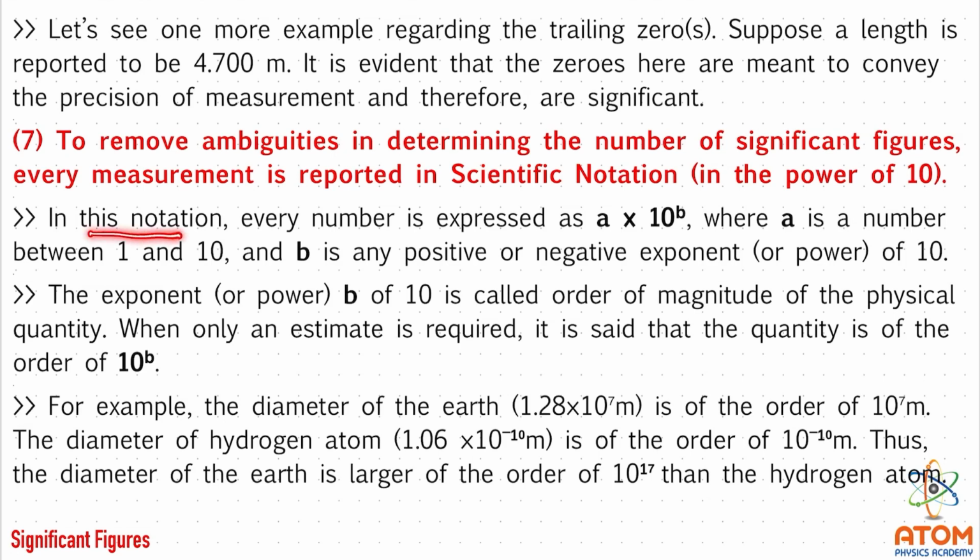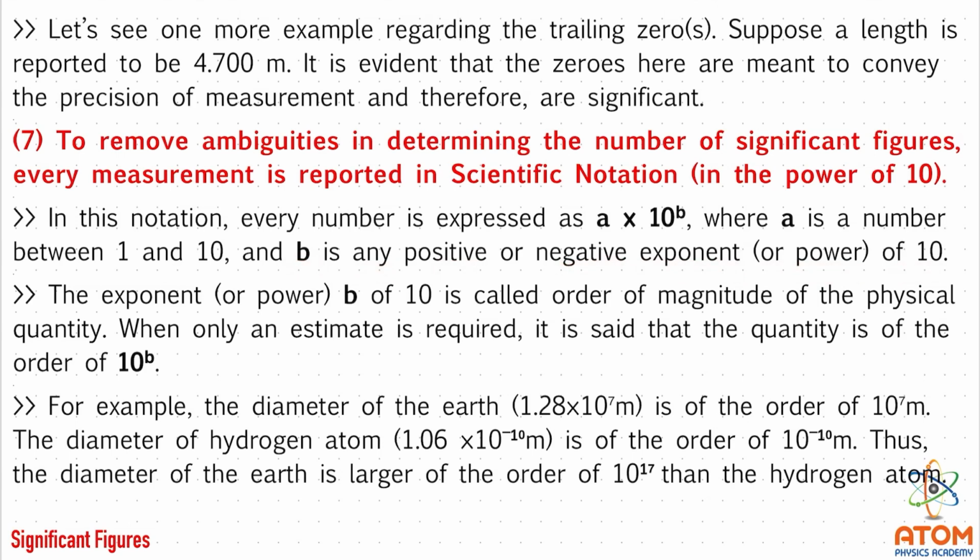In this notation, every number is expressed as a into 10 raised to b. Whatever the measurement is, it will be represented in a into 10 raised to b form, where a is a number between 1 and 10. It doesn't exceed 10. And b is any positive or negative exponent, that means a power of 10.